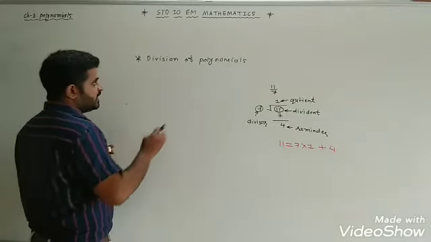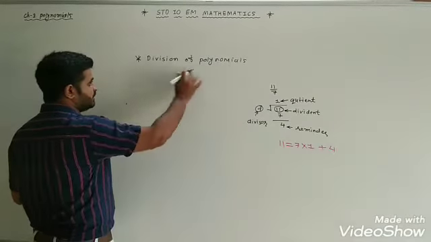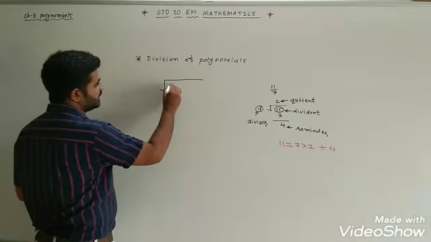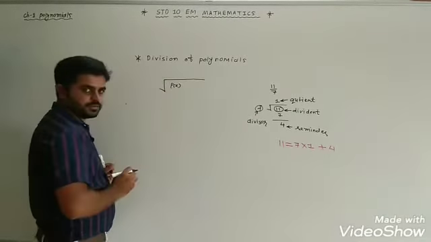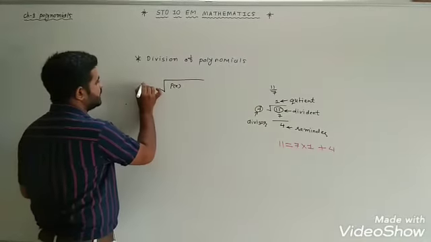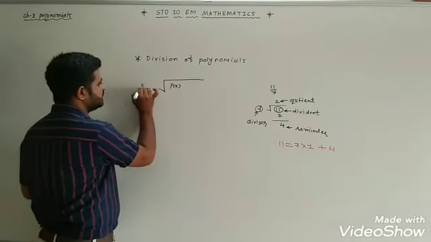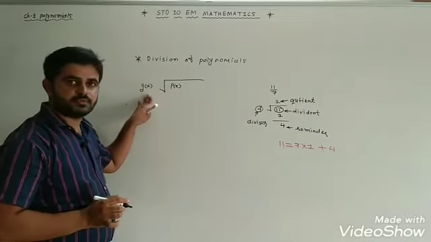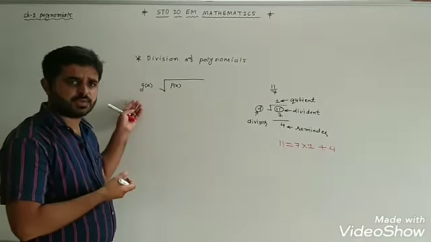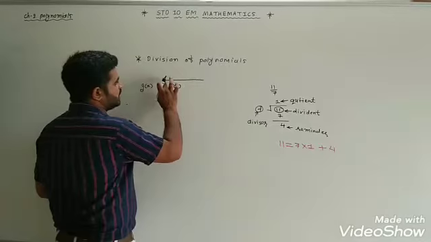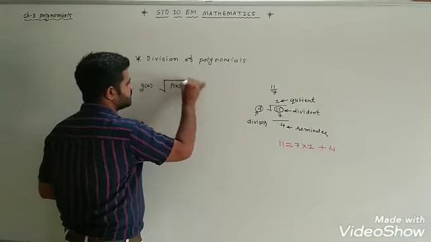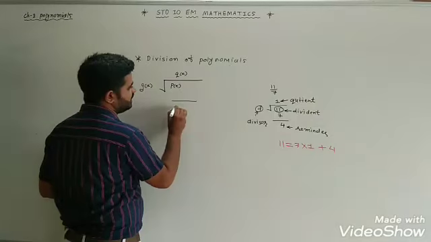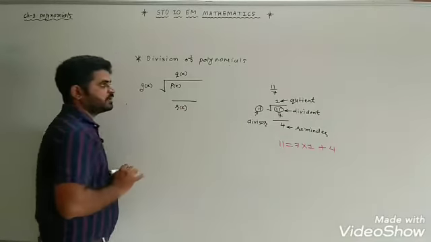Suppose we discuss this division in reference with polynomial, then here is p of x. Okay, now here we have to write g of x. Here is p of x, here is g of x. Sometimes we write here s of x, no doubt. Now in quotient we have q of x, and in remainder we have r of x.